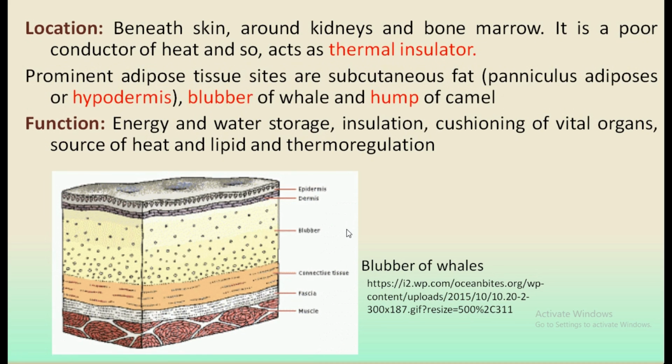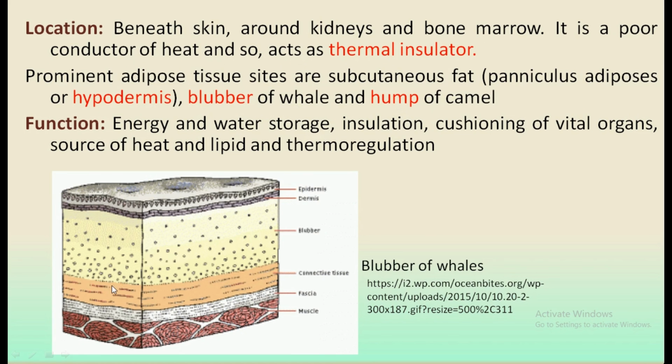The location of adipose tissue is beneath the skin, around the kidneys and bone marrow. It is a poor conductor of heat, and so it acts as a thermal insulator. Prominent adipose tissue sites are subcutaneous fat, that is hypodermis, blubber of whale and hump of camel.